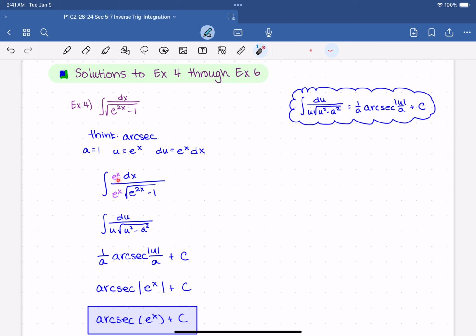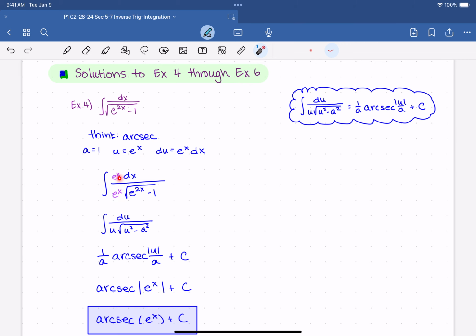Now, I don't have an e to the x in the top, but I can put one in the top as long as I put one in the bottom. And I can do this with a variable as long as I keep everything inside. As long as I don't try to do something on the outside of the integral, that would be bad. But on the inside of the integral, that's good.